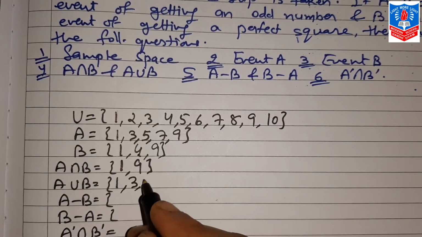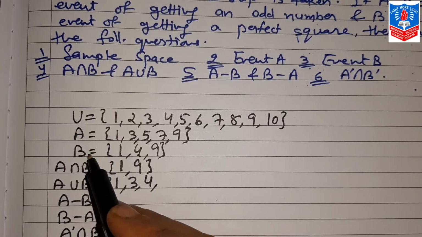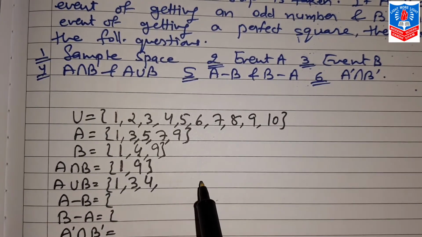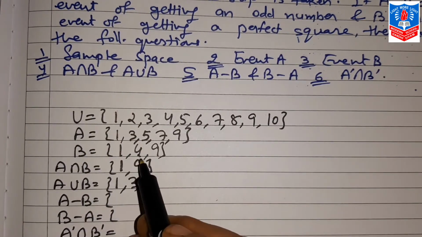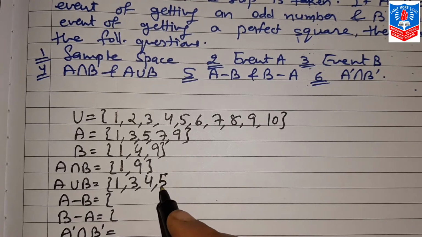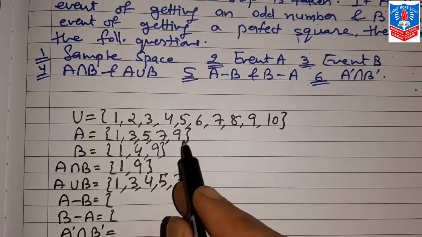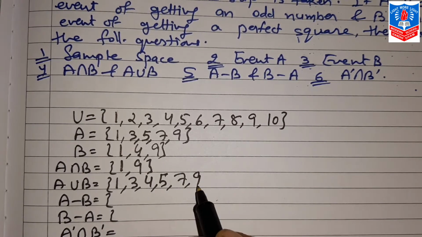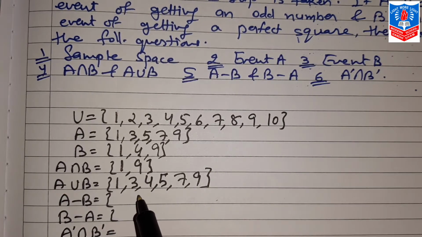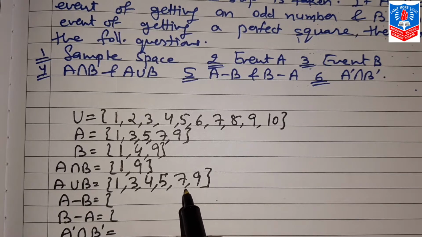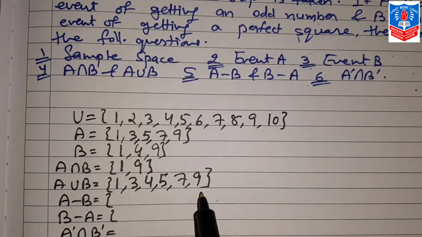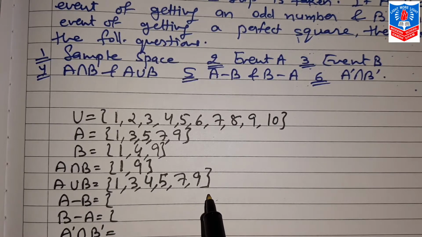Next 4. We take in both A as well as B, we go in the sequence order only. So 1, 3, 4, then will be 5, then 7 and 9 of course in both, but as I said, we write once only. So 1, 3, 4, 5, 7, 9. This will be your A union B.